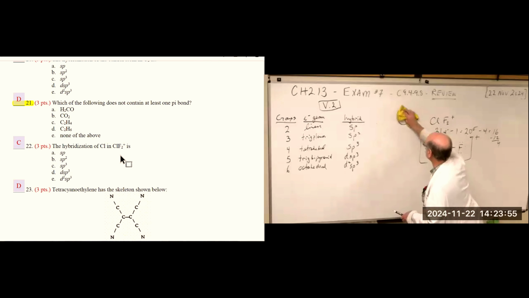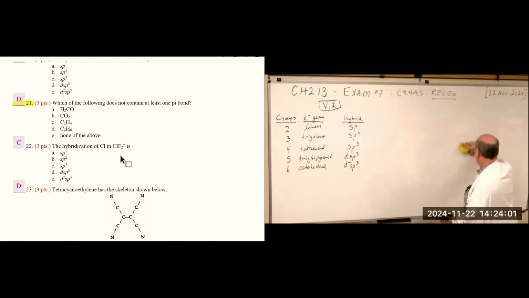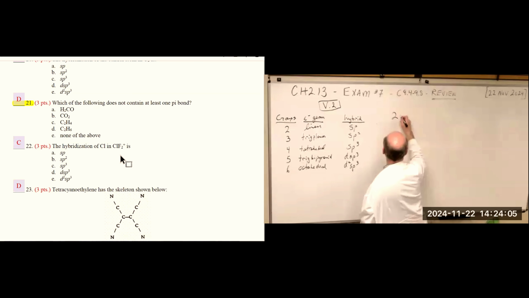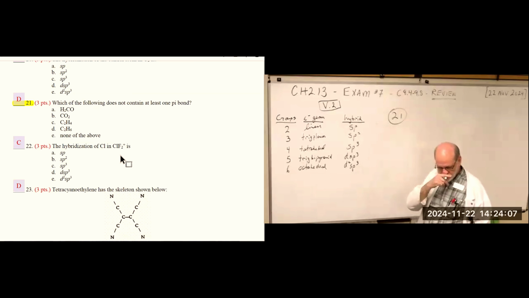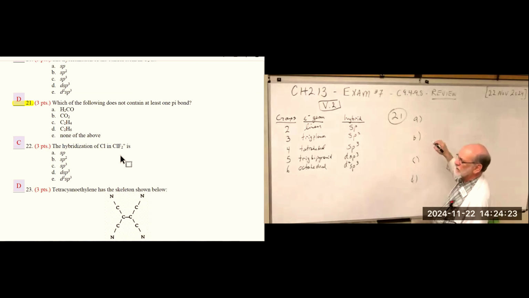21. Which of the following does not contain at least one pi bond? All right, A, B, C, and D. Okay, what do we have to work with?